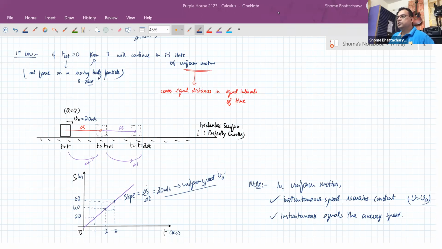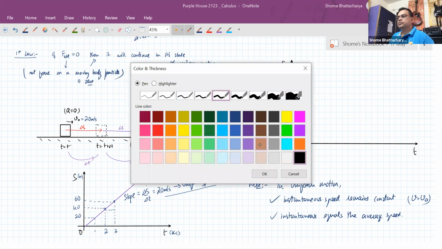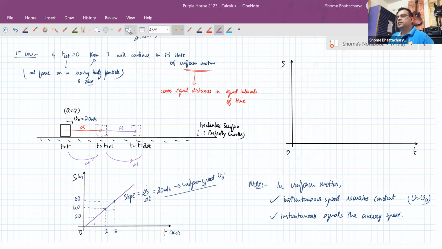So in this case, if our graph of distance versus time is a straight line, which is like this now, this straight line has to be drawn such that the rate of change of distance with respect to time, which is the speed, is constant at 20 meters per second.